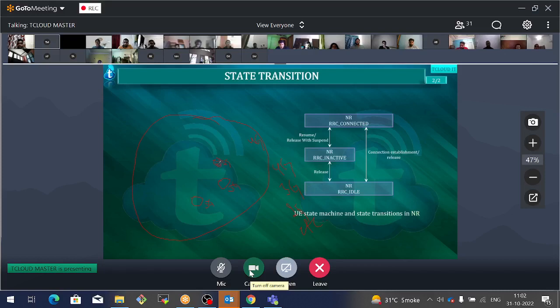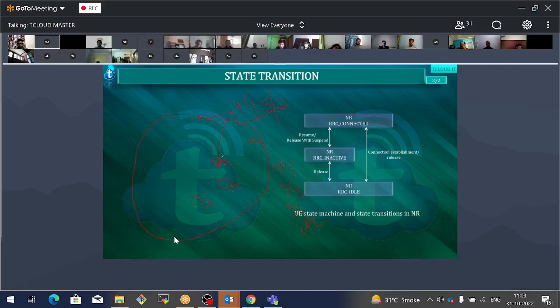So if the mobile after some time decides that none of the 5G cells are looking good for it, it thinks better to move to the old cells and search for any 4G cells available here. The moment the mobile finds a 4G cell, it will have to deactivate the 5G protocol stack and activate the 4G protocol stack. It will activate the 4G software and start communicating with the 4G network elements.